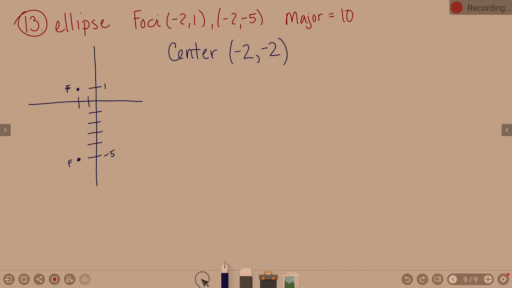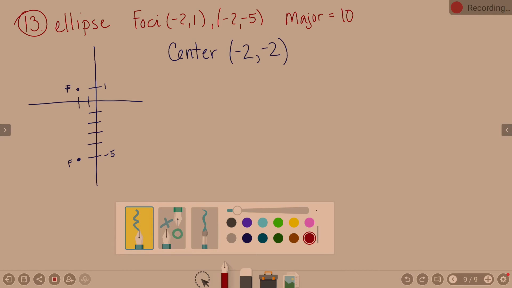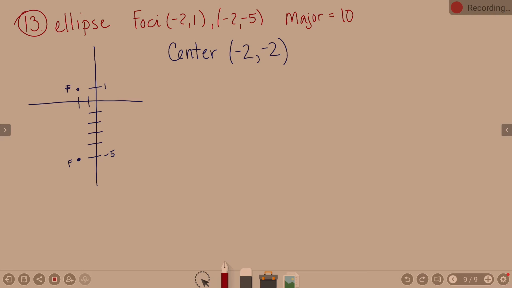There's your visual, right? Those are my foci. Where does that center have to be? That center has to be in the middle of those. And we already agreed that in the middle of those was at -2. So there's the visual. Draw the graph, don't draw the graph. That's a personal choice.